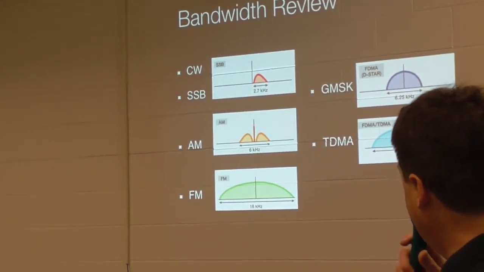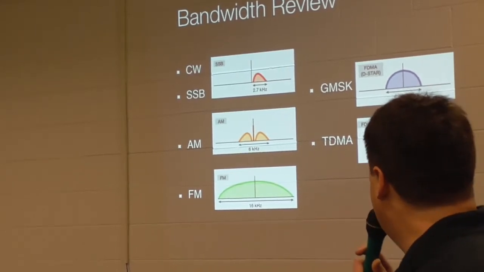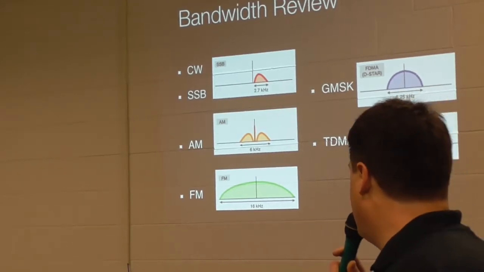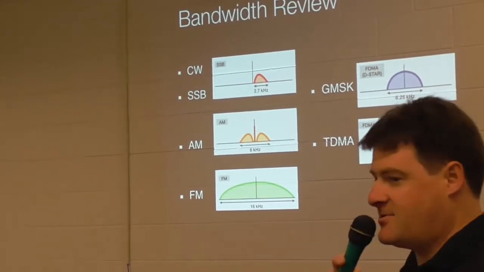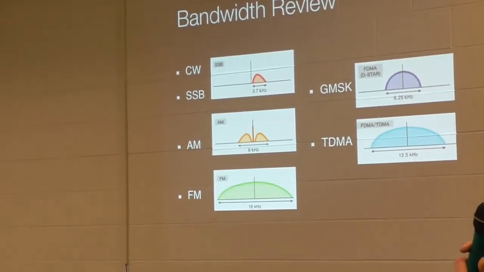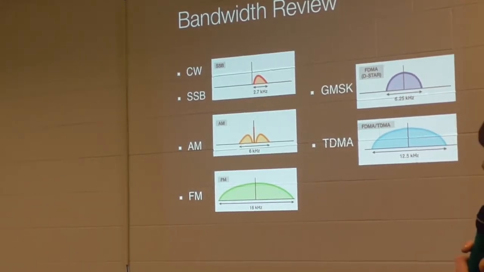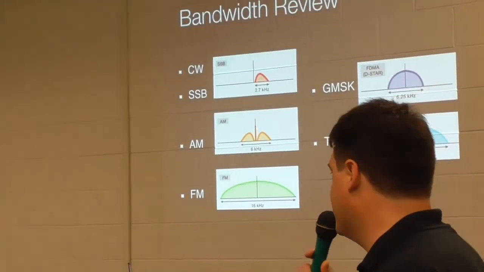And then some of the other modes over there, those are digital modes. GMSK, which is used by D-Star, C4FM, which is used by System Fusion, and DMR. You can actually see the widths there. D-Star being 6.25 kilohertz, which is almost the same as AM. And System Fusion's running 12.5 kilohertz, and DMR is also doing the same thing in a time slot format. We'll cover some of those too.